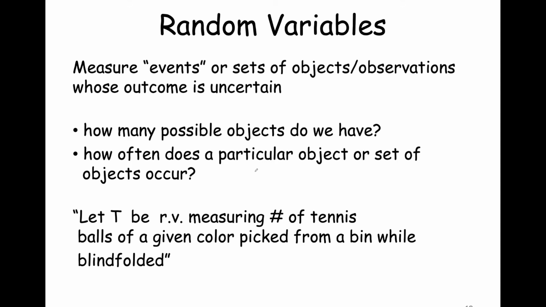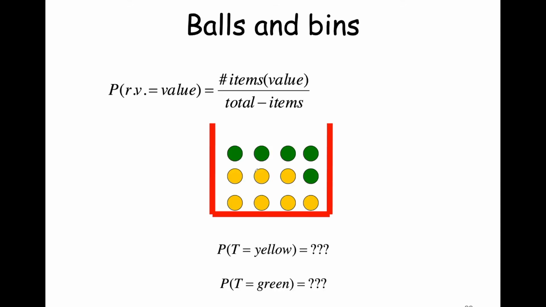Now, this while-blindfolded part is particularly important. It means that you're not going to prefer any one bin over another or any one ball over another. This means that there's no preference, so each of the tennis balls is equiprobable as far as their chances of being selected when you pick a ball out of the bin.